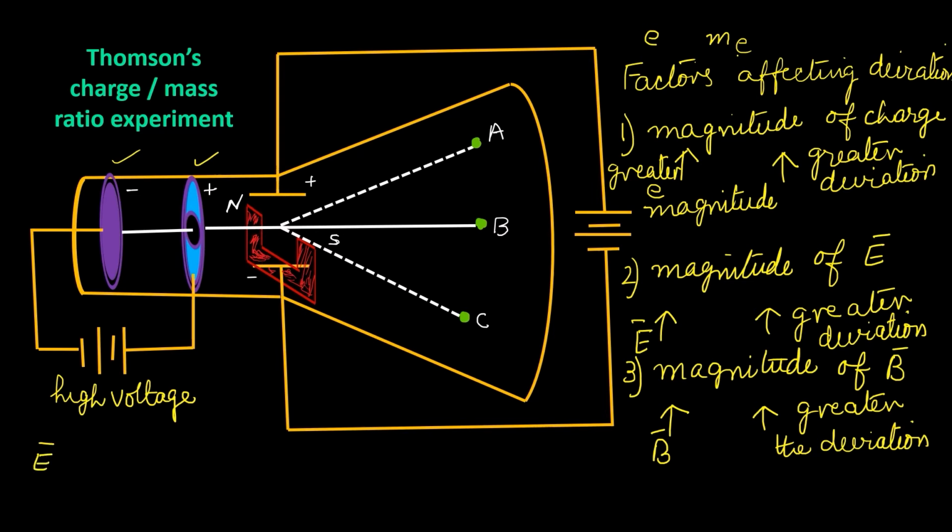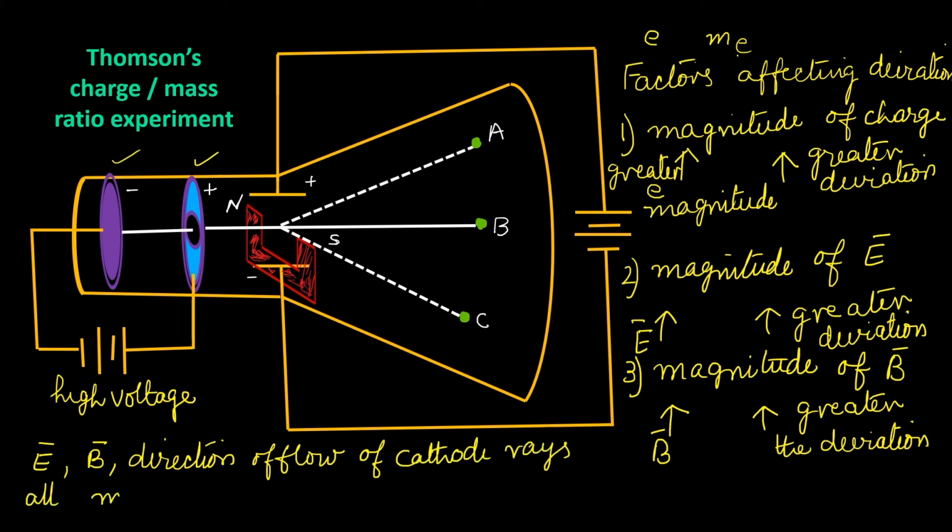Throughout the experiment, the direction of the electric field, the direction of the magnetic field, and the direction of flow of cathode rays were all mutually perpendicular. From these experiments, by carefully adjusting these conditions, he was able to calculate the ratio of electric charge to mass of electron, and he found that the value was equal to 1.758820 × 10^11 coulomb per kilogram.